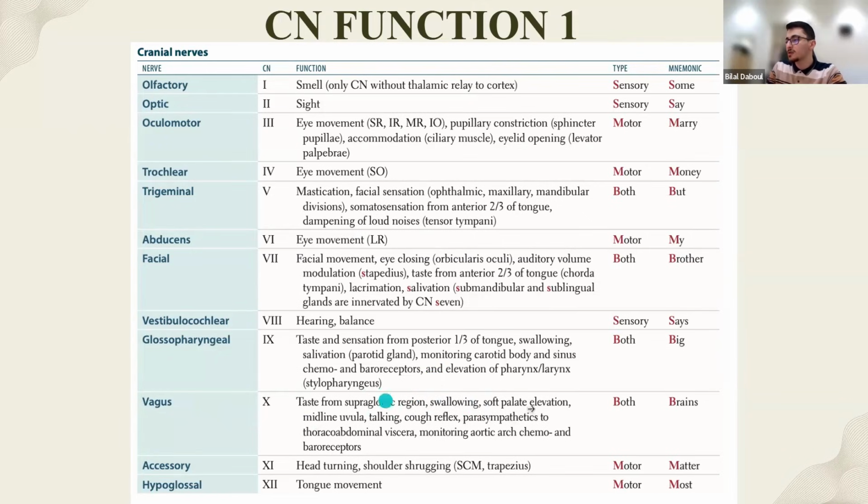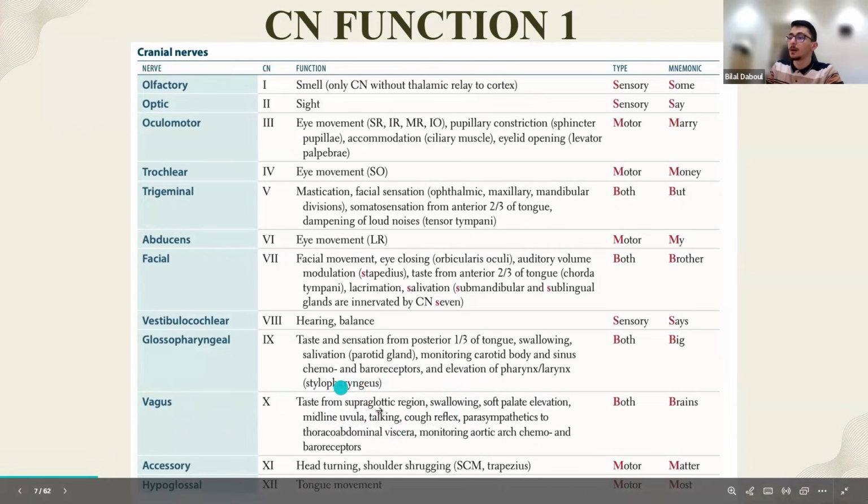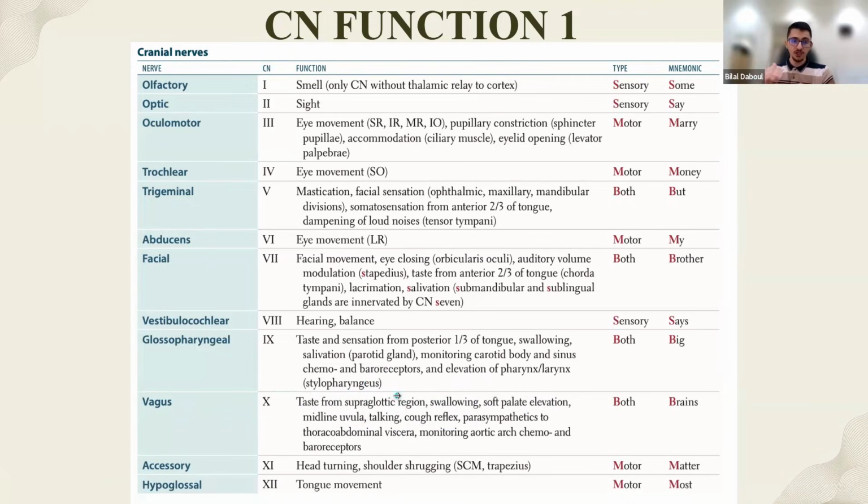So it supplies the soft palate and the midline uvula, which I'll show you later on, but it's a collection of striated muscle within the mouth. Again, it's also responsible for taste from the supraglottic region. So I divided the tongue into an anterior 2/3 and a posterior 1/3, and you also see the epiglottis is like a flap that shuts the larynx when you want to swallow.